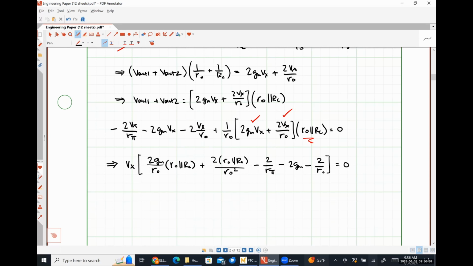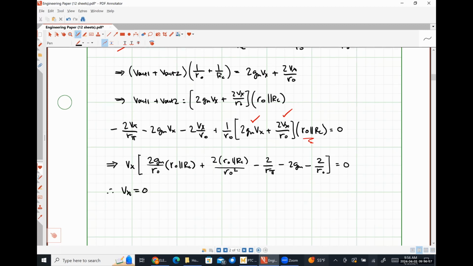So what is this expression right here in front of Vx?